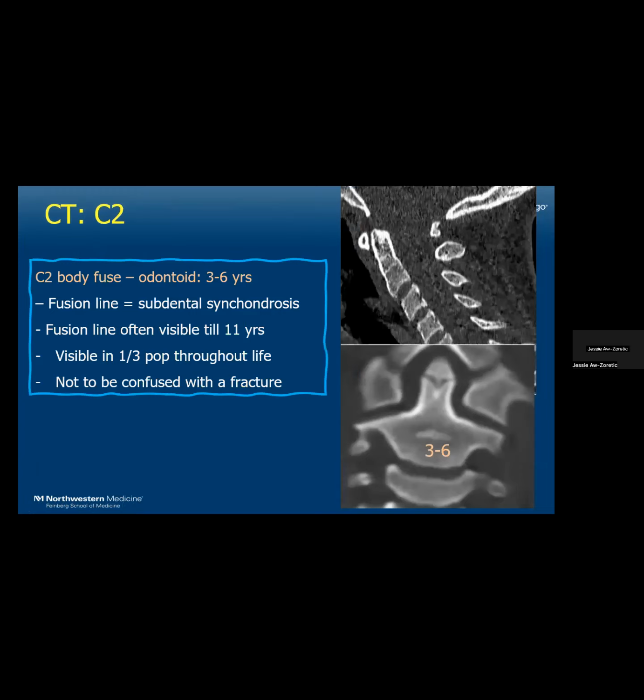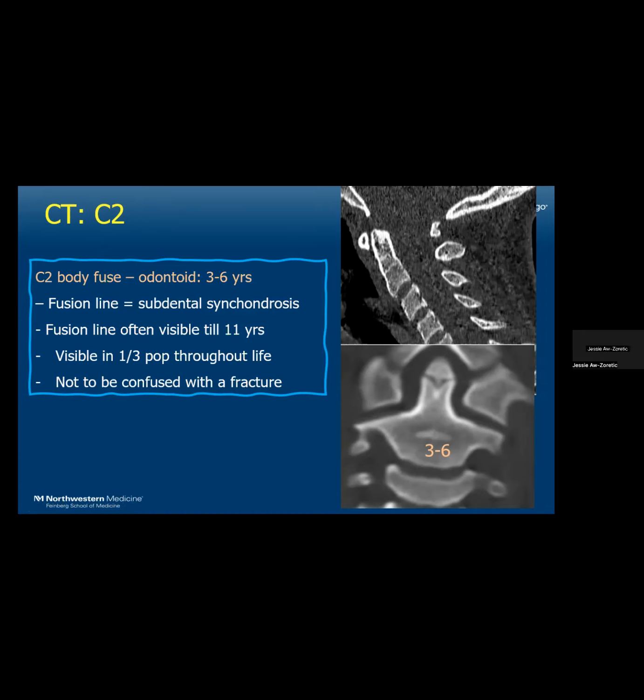Okay, so next, staying on with the C2, the C2 body fuses with the odontoid by 3 to 6 years, and here's that subdental synchondrosis. We see it all the time. Here it is on the coronal plane, it's residual, and as I said, it's visible into early teenage years, but it can still be visible throughout life in a third of the population.